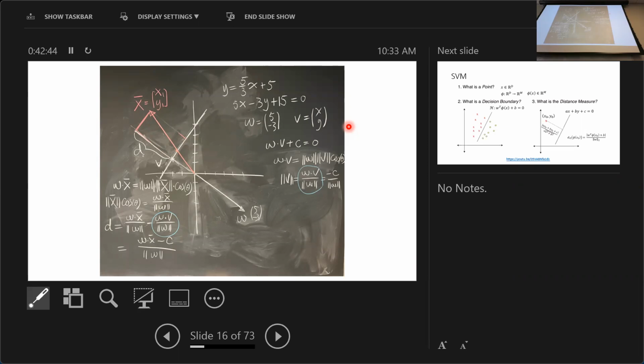I can write this as minus C, right, this again.